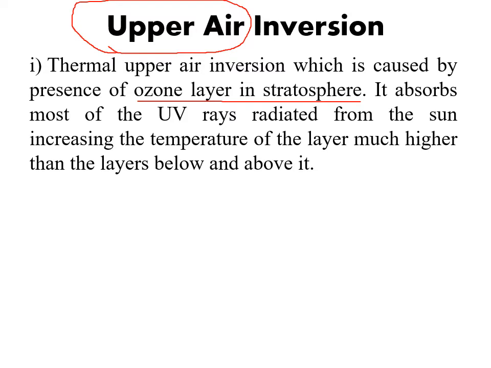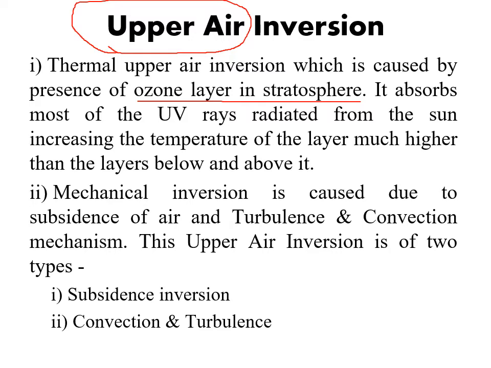So we find a general increase in temperature up through the stratosphere. This kind of increase in temperature up through the stratospheric layer is known as thermal upper air inversion, and it mainly occurs due to the concentration of ozone higher up in the stratosphere.